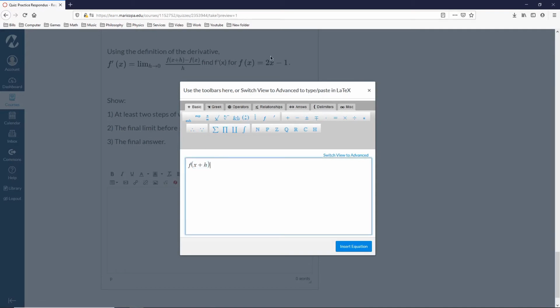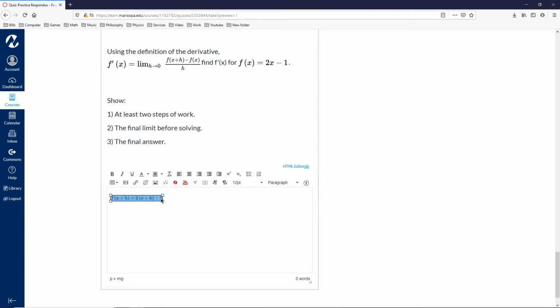So we'll plug x plus h into the function. And that's showing some work. You know, if you did this, you'd be telling me, hey, I get it. I got to plug x plus h into this to solve this.